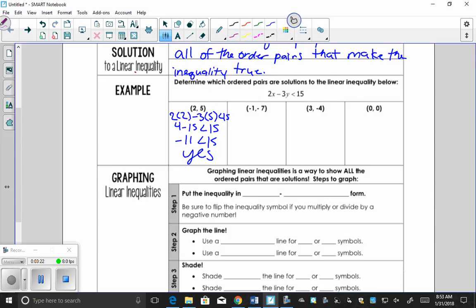Negative 1, negative 7. You plug negative 1 in for x, negative 7 in for y. So 2 times negative 1 minus 3 times negative 7 is less than 15. 2 times negative 1 is?